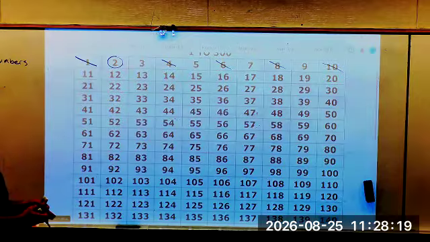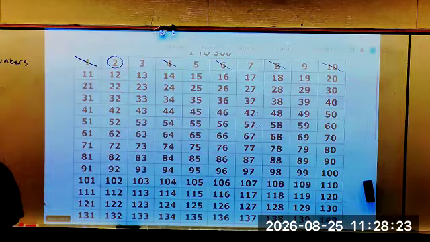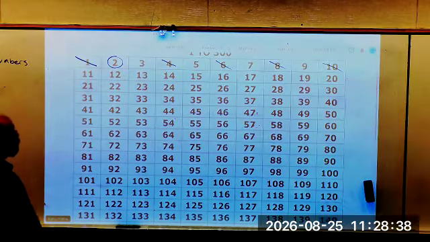So if two is prime, any number that is a product of two is not. So if I'm trying to use a sieve and sift out all the non-primes, I'm going to cross off all the multiples of two.